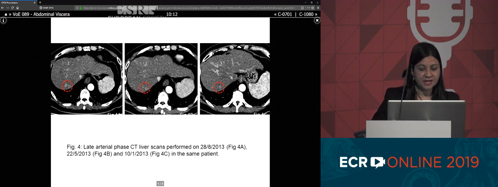Here's another example. This one changed category. These are 3 arterial phase liver scans in the same patient. This was performed in January, this in May, and this in August of the same year. So this and this scan are more than 6 months apart. Now, if you were to see this observation in segment 7, which is a 23 millimeter arterial phase hyperenhancing observation with no washout or capsule, it did not change much from this scan, which was about 3 months ago, but it did change quite a bit compared to this scan, which was more than 6 months ago.